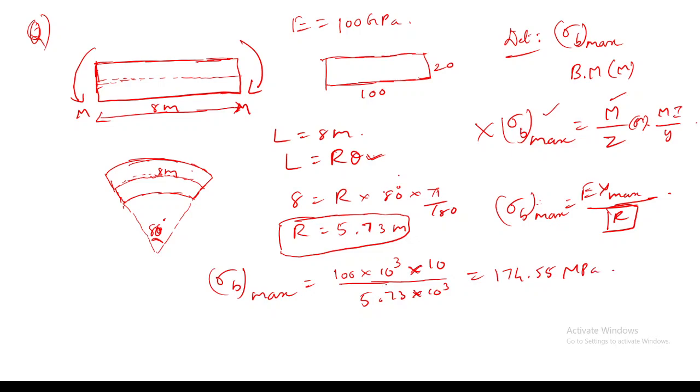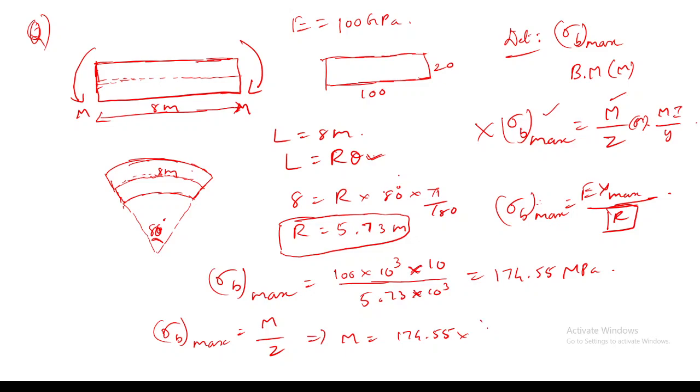Now from this, can you calculate the bending moment value? It will be by using the equation sigma B max equals M by Z. So from this you can calculate M is equal to sigma B max, 174.55, into Z. Z is b d square by 6.